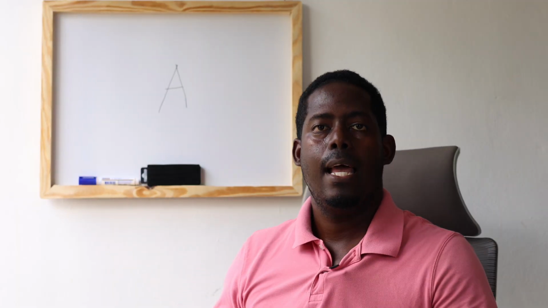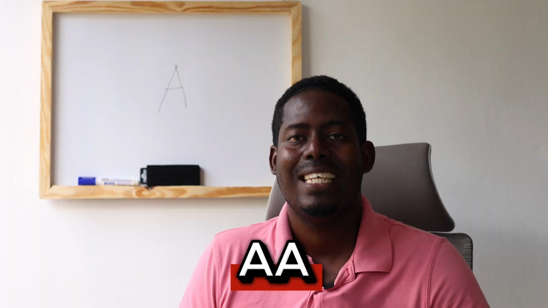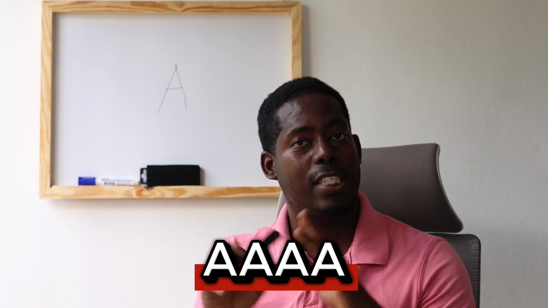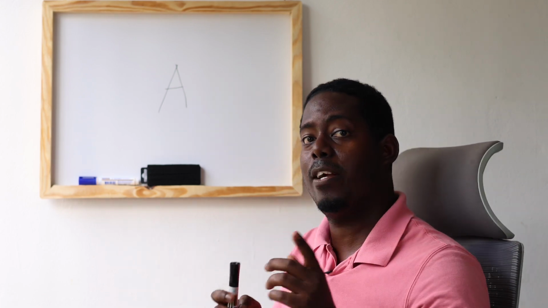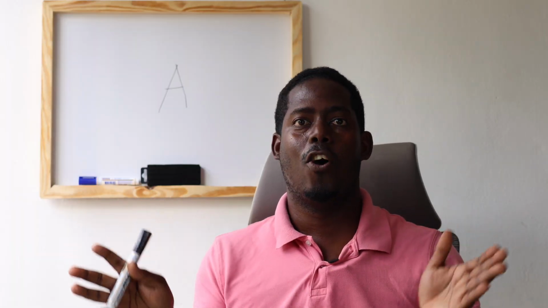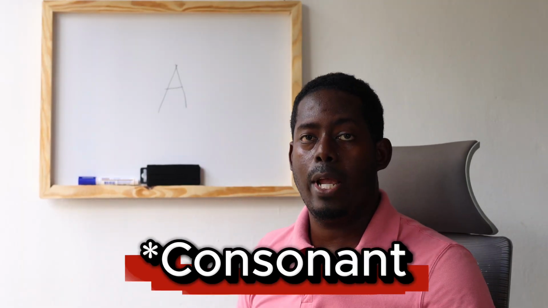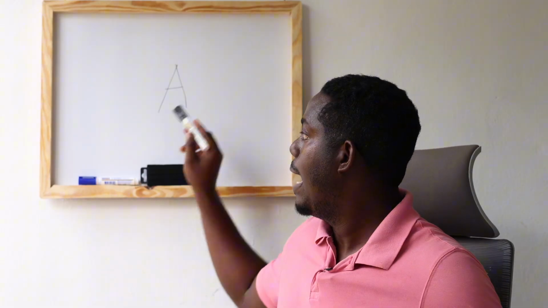For example, this in Spanish is pronounced ah. Yes, you need to open your mouth and repeat ah all the way. Don't save anything. You better open your mouth and let it go out. That is the sound of the A in Spanish. And you know what? It doesn't matter what word we have in front or which one we have after.